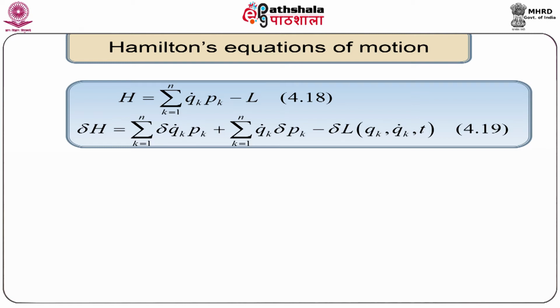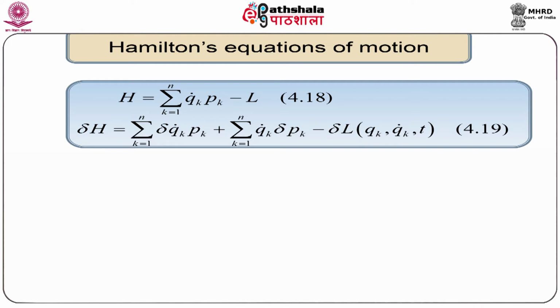So, if we consider a virtual change of Hamiltonian H at any time t, then we get delta H equals to summation k equal to 1 to n delta qk dot into pk plus summation k equal to 1 to n qk dot into delta pk minus delta L, function of qk, qk dot and t.